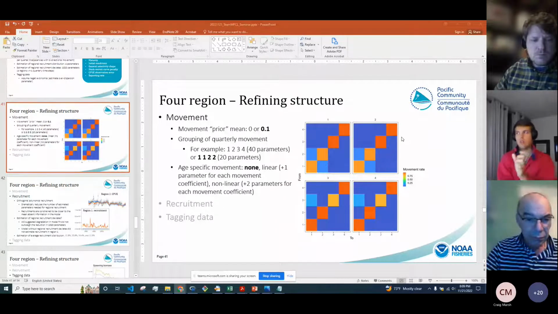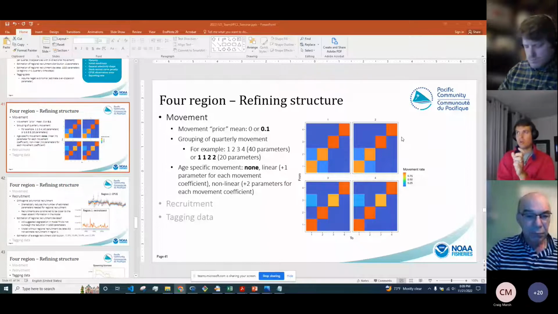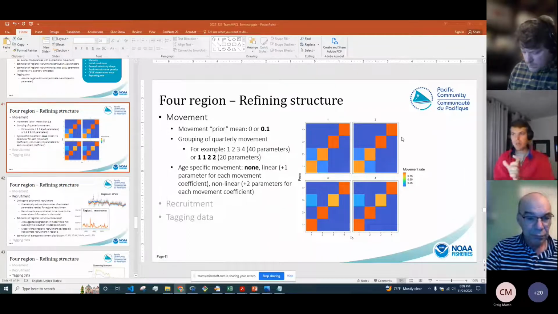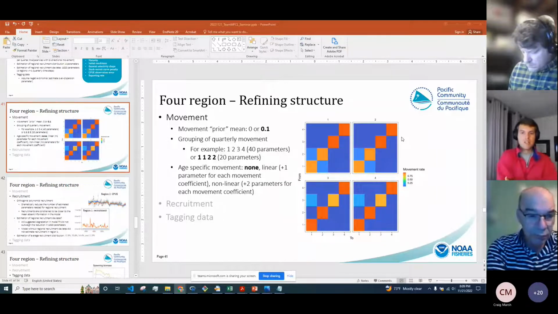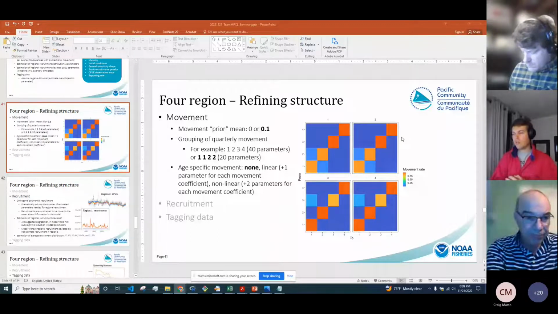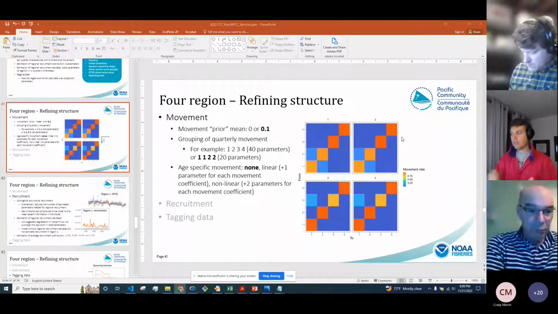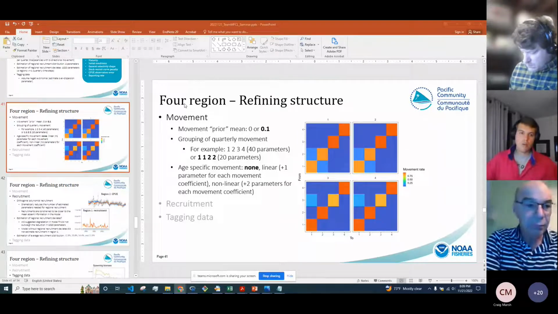We tried to do some profiles which maybe indicated that length composition was important, but we didn't have consensus within our group that this was the correct conclusion. So at least in this model, it's tough to tell, and we didn't have a great diagnostic developed today to really tease that out.